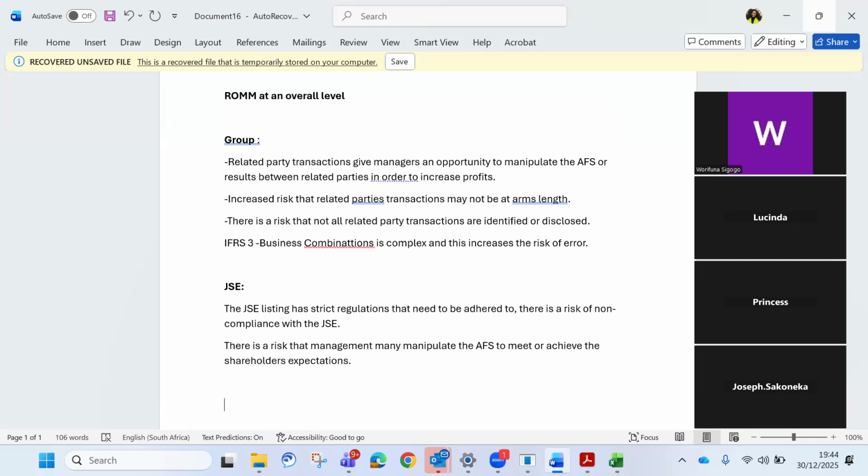There's something else. What else should you think of? Wouldn't we also say that there's a risk that our estimates might be biased, because now we're expected to achieve certain things, so our provisions will be understated? The sentence is long, but what I'm trying to say is that there's a risk of bias in estimates.